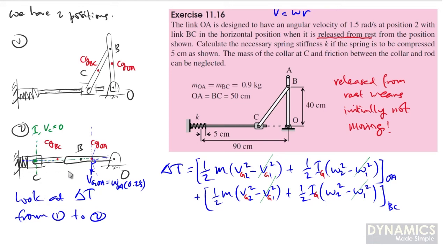So we have to determine that first. How to determine that? We have to know the velocity at point B first, and the velocity at point B is equal to omega OB times the radius. Okay, it's getting cramped here.